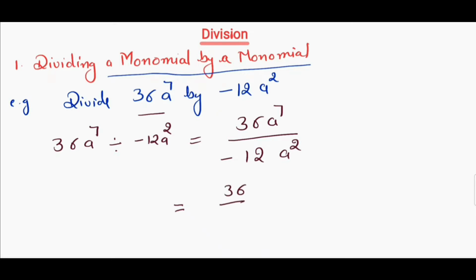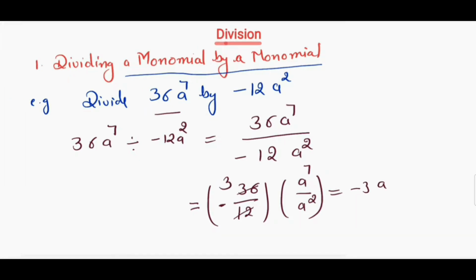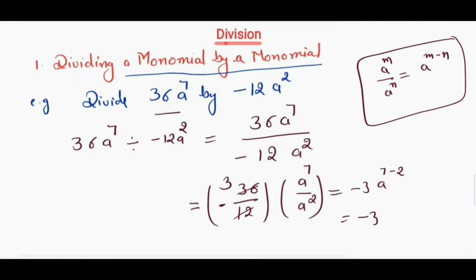Here 36 divided by 12 is 3, the negative sign will come here, and here a raised to power 7 divided by a raised to power 2 becomes a raised to power 7 minus 2. Here I am using this exponent rule: a raised to power m divided by a raised to power n is always equal to a raised to power m minus n. So this will become negative 3a raised to power 7 minus 2, which is equal to negative 3a raised to power 5, and this is my answer.